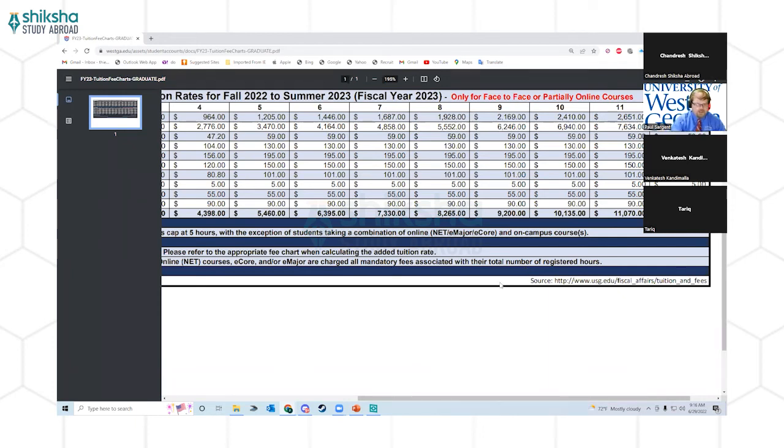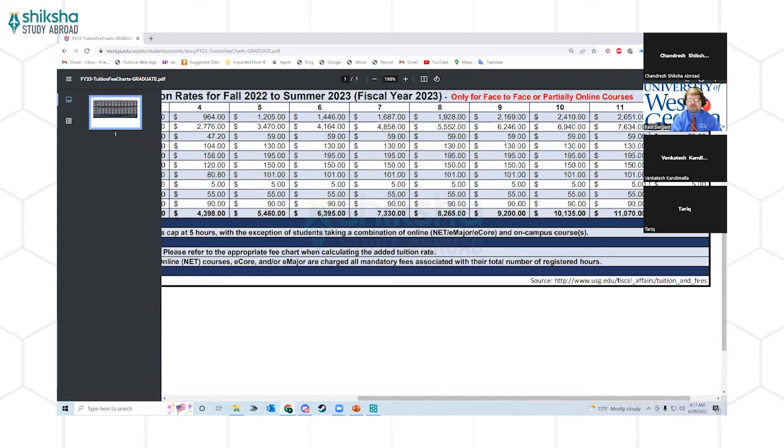If you are selected for a GA, you would then have a waiver of the tuition fees, which means that you'd only have to pay these remaining fees as part of your tuition bill. That would take a bill from $9,200 down to about $1,000 a semester. However, some of our positions also come with a monthly stipend on top of the tuition waiver, and that can be anywhere between $500 to $1,000 per month.